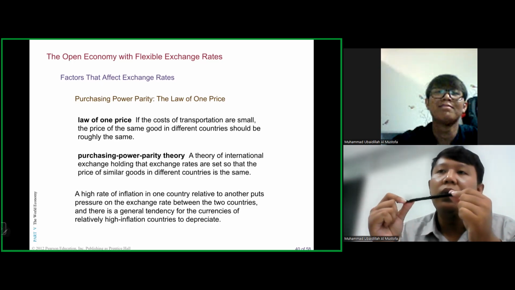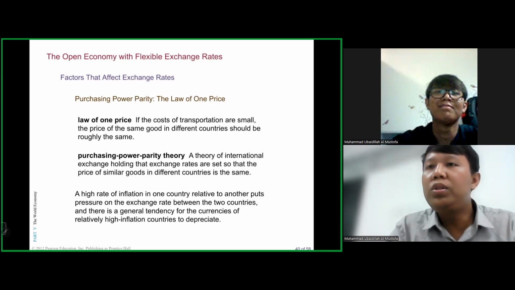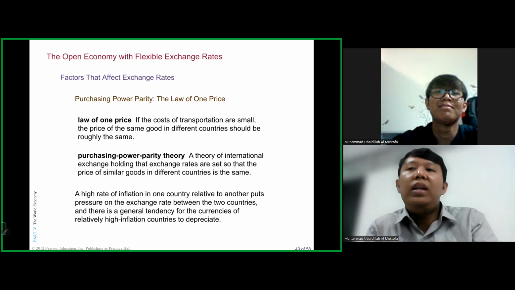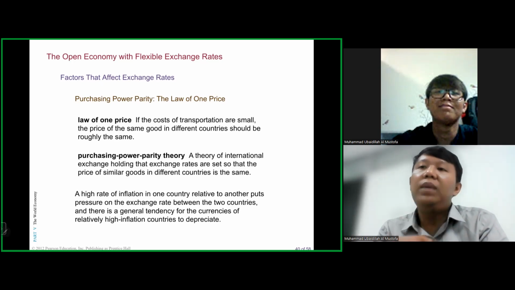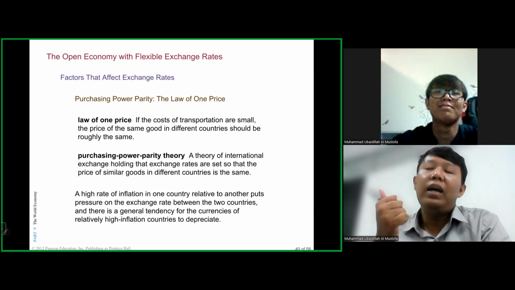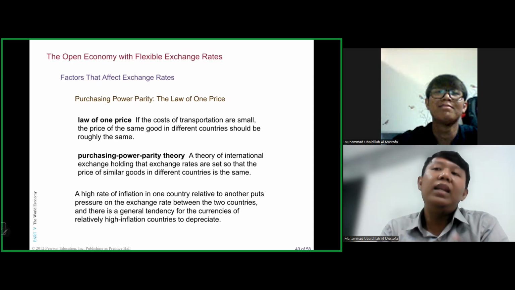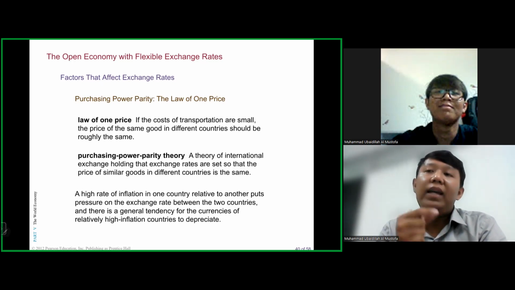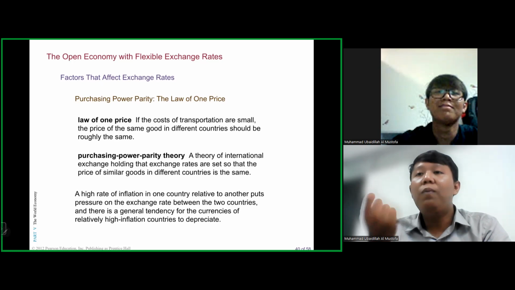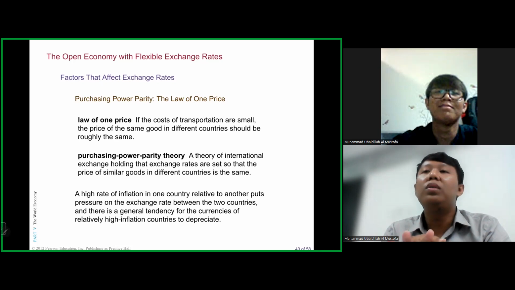For example, if we have goods with a cheaper price in country A, the demand for this good will increase, and this increase in demand will increase demand for country A's currency, so that the increase in the currency will adjust the price of that same good in different countries to be roughly the same.